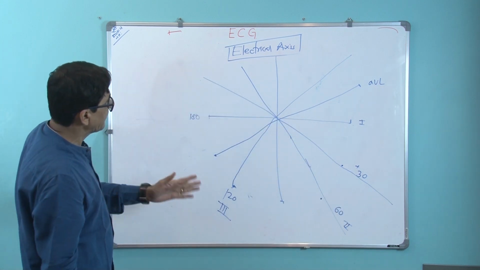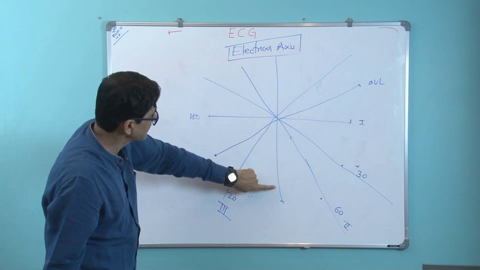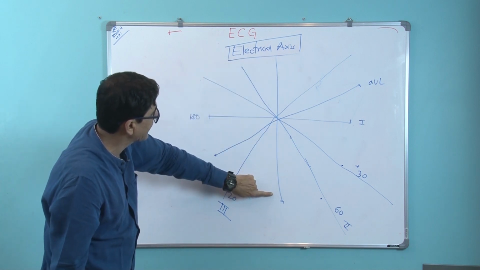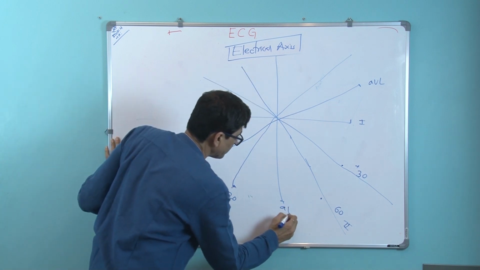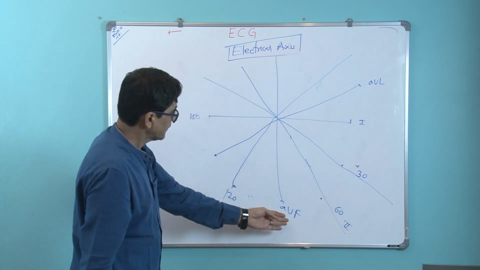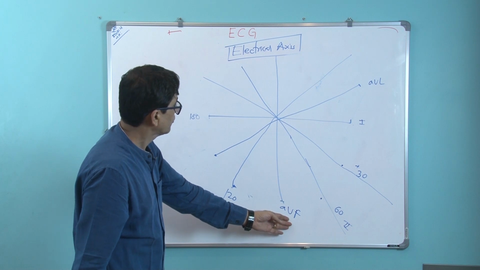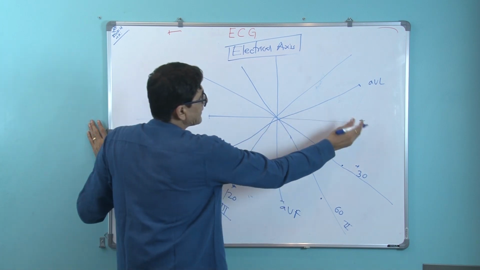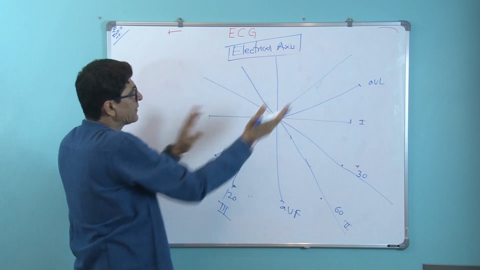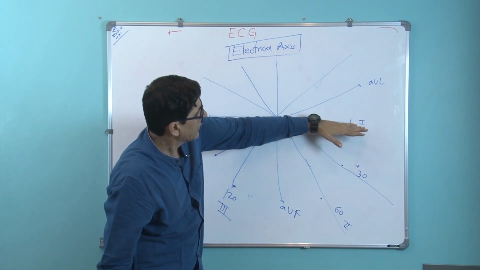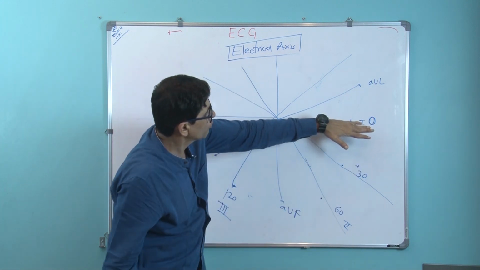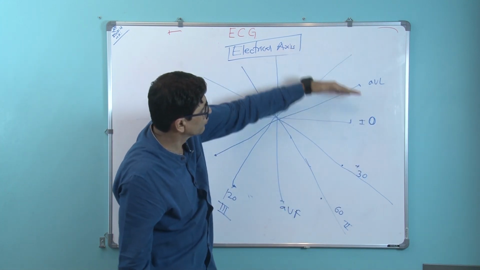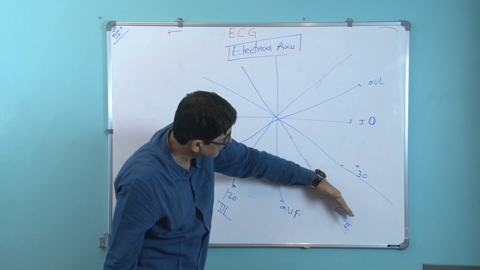And now remaining is, initially I drew this perpendicular axis, y axis. So this is AVF because left leg. So above here, when you go above, this is 0, this is 0. You go above, it will be negative. You come down, it is positive.